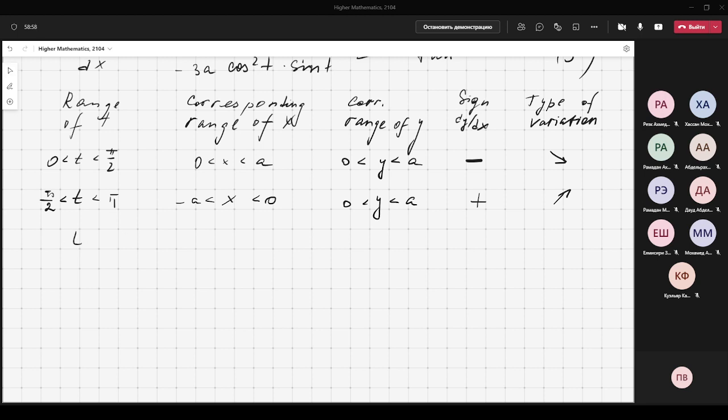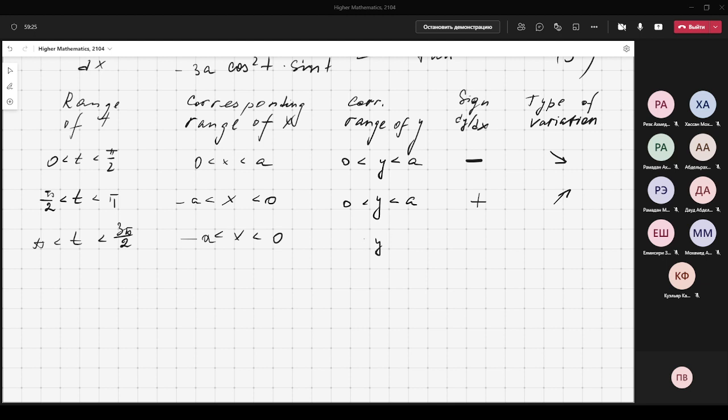If t goes from pi to 3 pi over 2, x will be from minus a to 0, and y from minus a to 0.